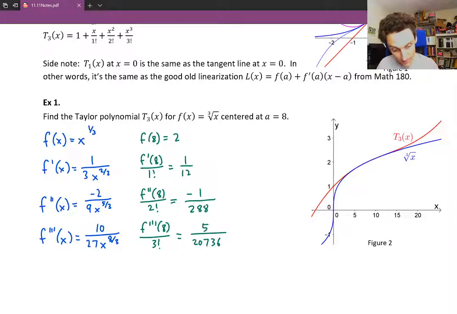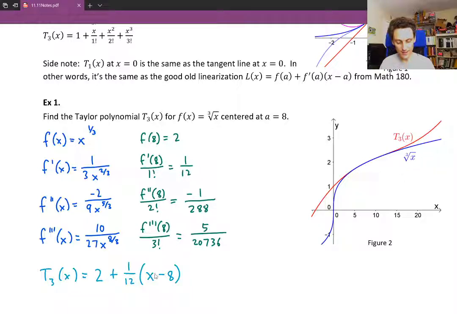So our third degree Taylor polynomial, T3, will look like this. That first coefficient of 2, that's going to be the constant term. Then we're going to have plus, and then 1/12 is our next coefficient, times x minus our center. So remember that it's not just x, it's x minus a.